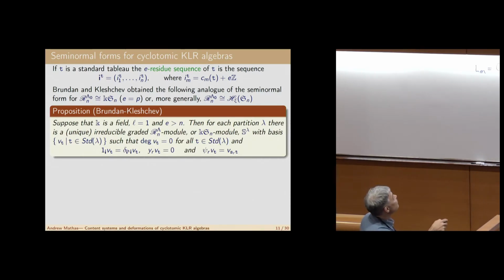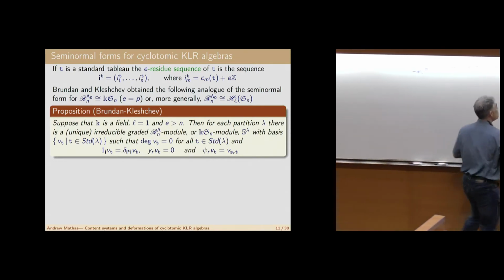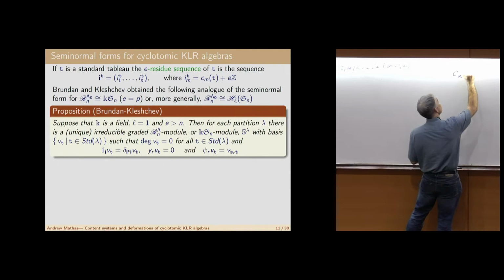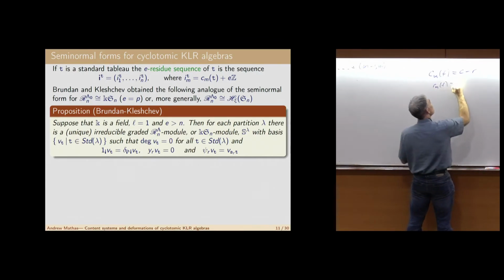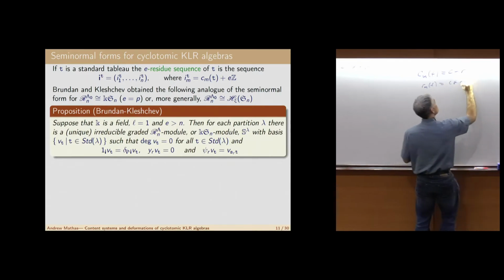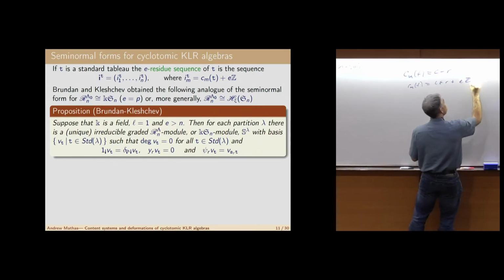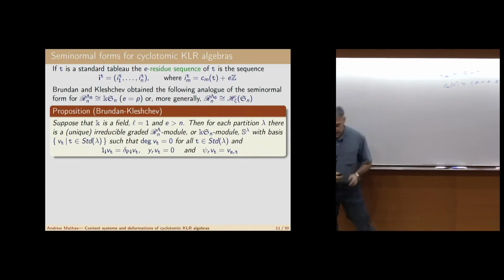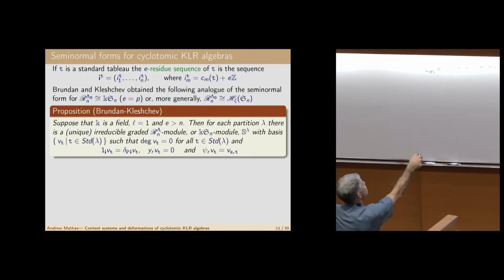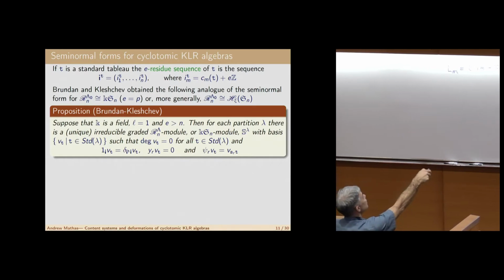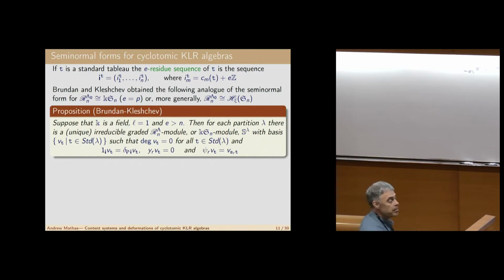So the content, remember, of m in t was just the difference of the column index and the row index, and the residue of m in t was the content mod E. Okay. So in this picture, the residues are exactly hiding in this residue sequence for the tableau. So the residues are doing something important here, and the contents are thrown away. But I need to have both somehow.